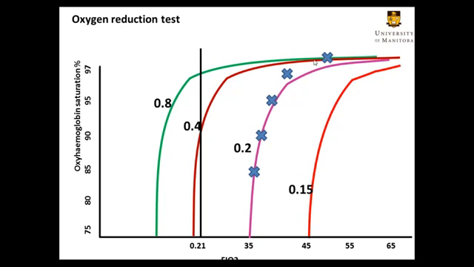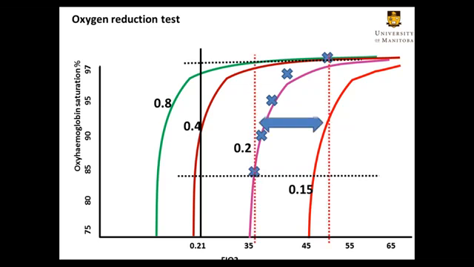Ventilation perfusion mismatch is very sensitive to oxygen reduction, and also very responsive. If you increase the oxygen back, the response will be reasonable to get back to higher saturation. In this slide, we can notice that when we reduce the oxygen a little bit, between 45 to 35%, we get a significant drop of saturation from 97 to 85%.